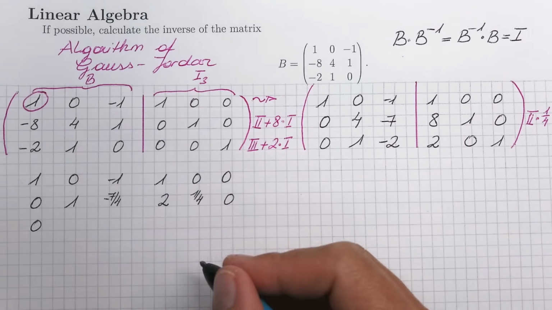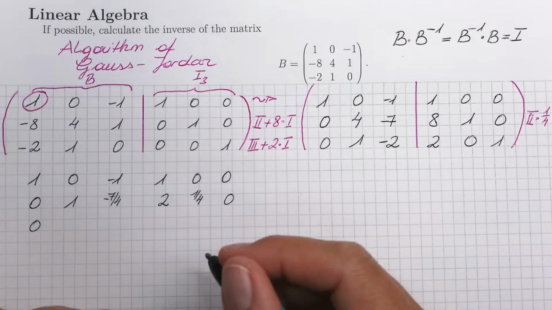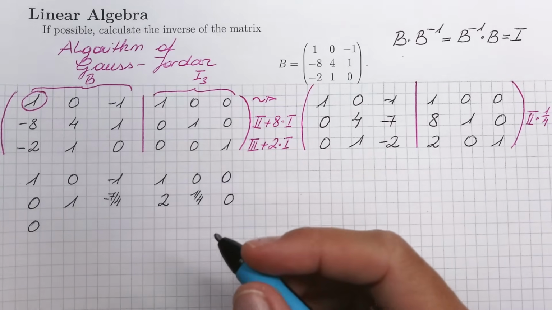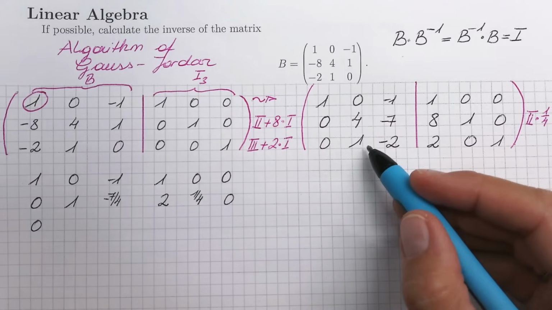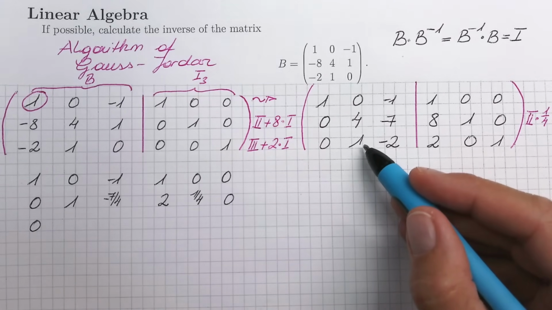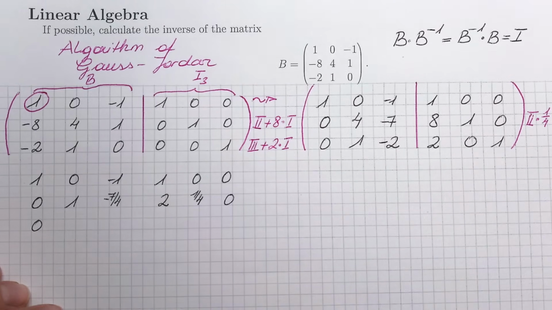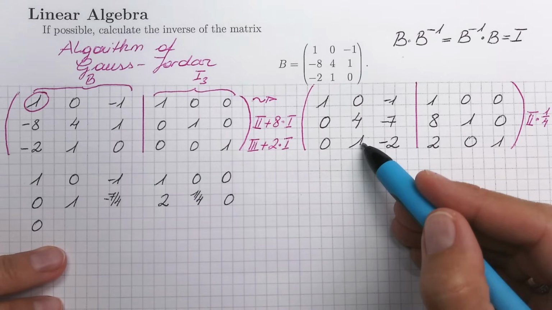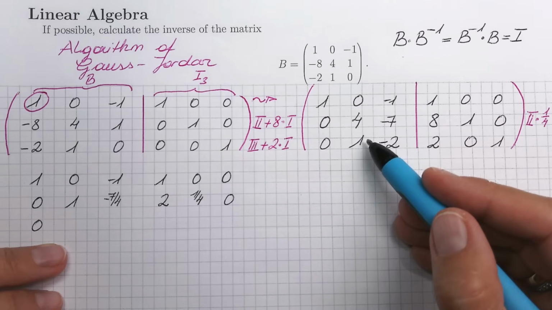Okay, and now the last row. What do we want here? Here we have 1, right? And we want to subtract more or less. Here we want to have a 0, 2, right? Just skip one operation or make it easier.